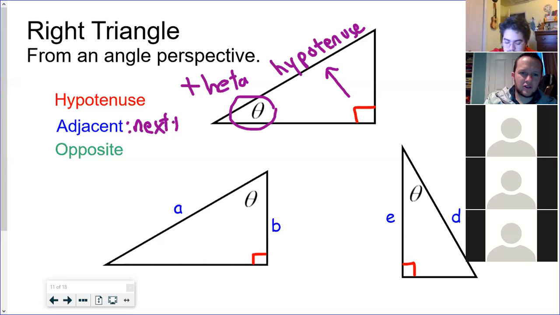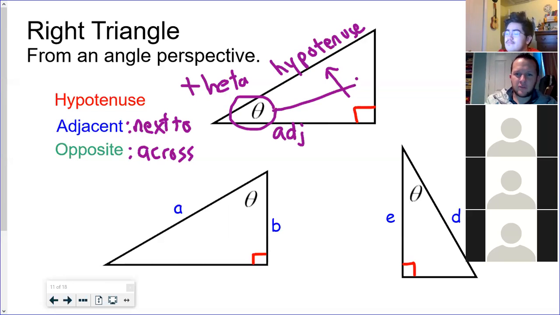So what side is next to theta? Oh, it's this side right here. So we call that the adjacent side. Okay, and opposite means across. So I'm going to say what side length is across from theta, and that would be this one.